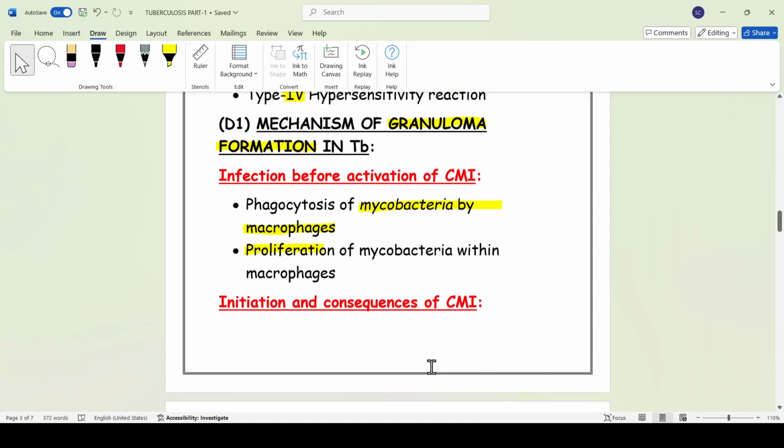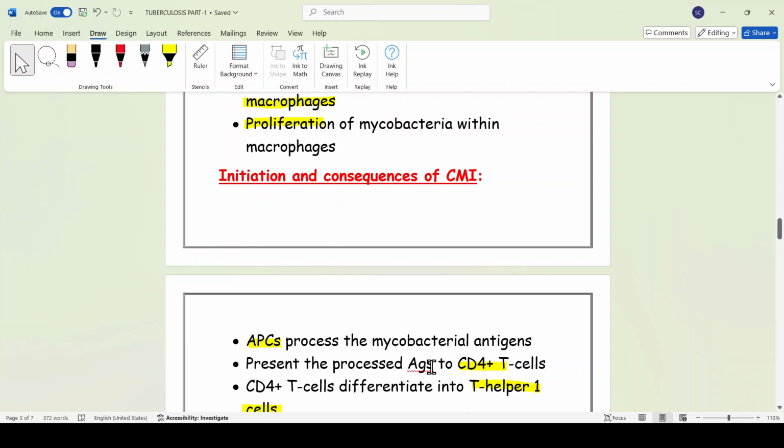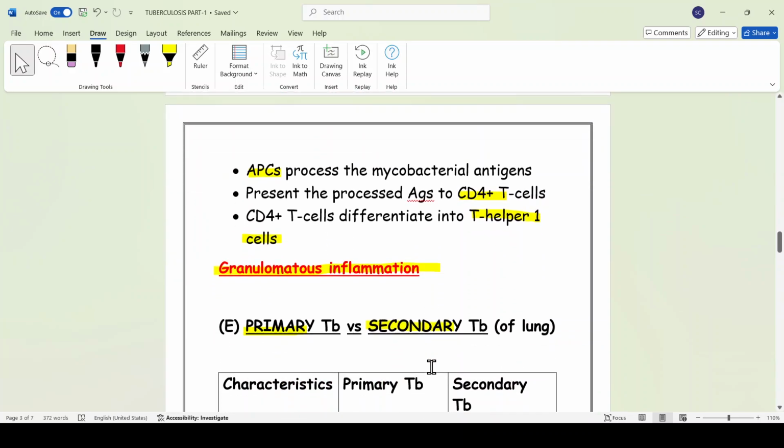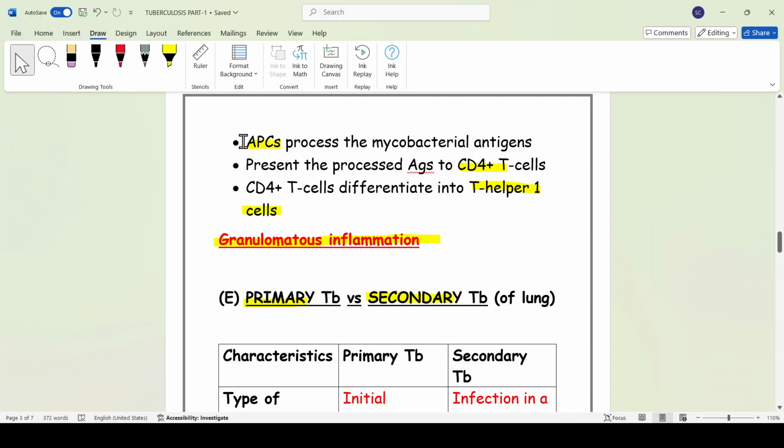This much is clear. Next, the cell-mediated immunity gets initiated, and further consequences take place. The antigen presenting cells process those mycobacterial antigens that have been ingested by the macrophages, and then these processed antigens are presented by antigen presenting cells to CD4 T cells.